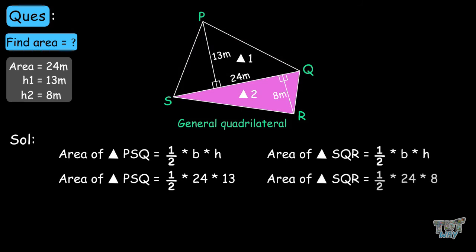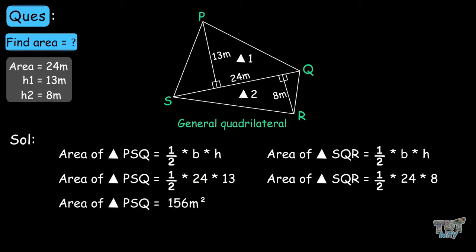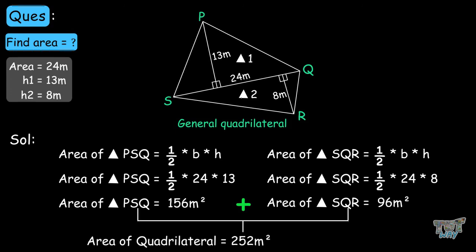It is half times 24 times 8. We plug in the values of its height and base, 24 and 8. So then area of PSQ is 156 meters squared, and SQR is 96 meters squared. And adding them up, we get 252 meters squared. That is the area of the quadrilateral.